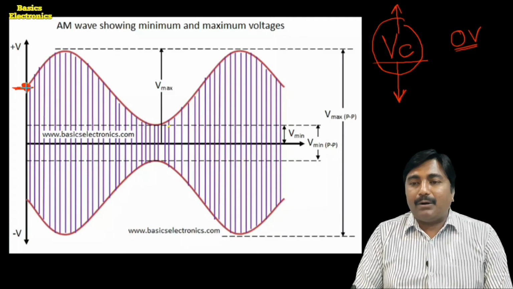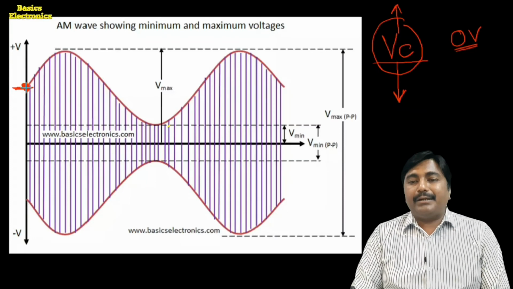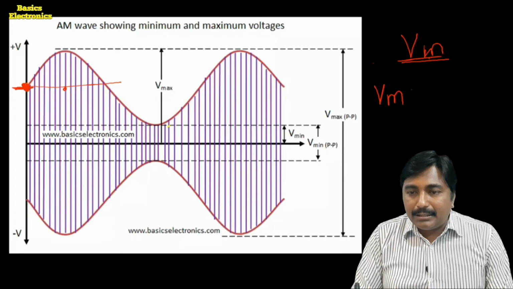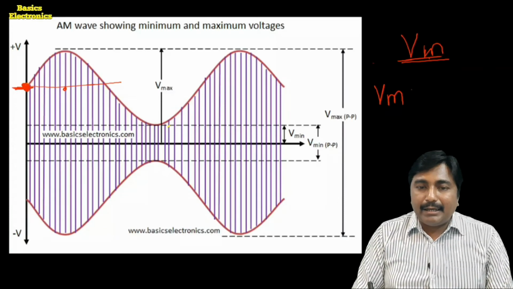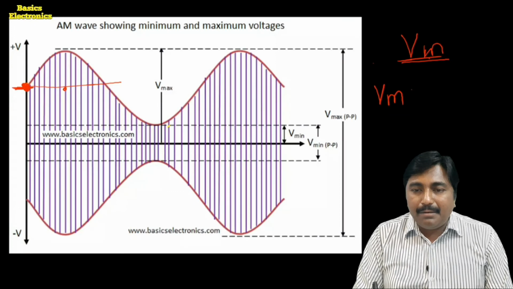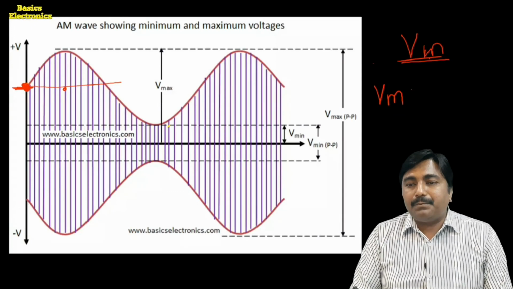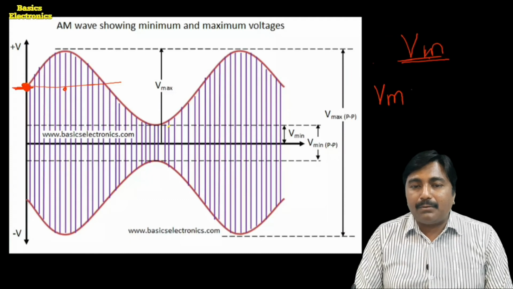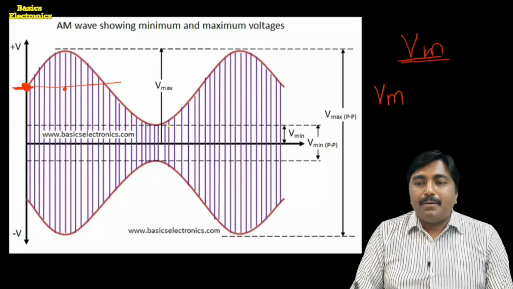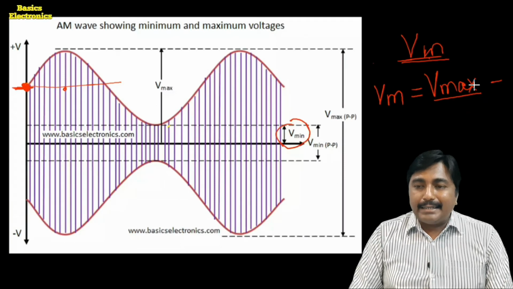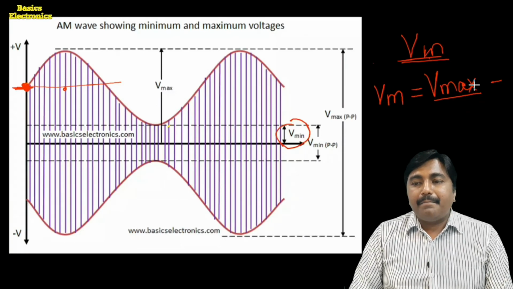If we have to find out the Vm, then we can say Vm equals the total voltage, V maximum, minus the V minimum.